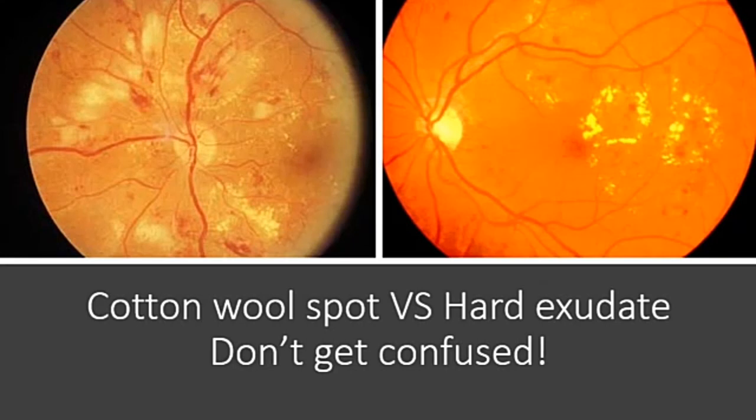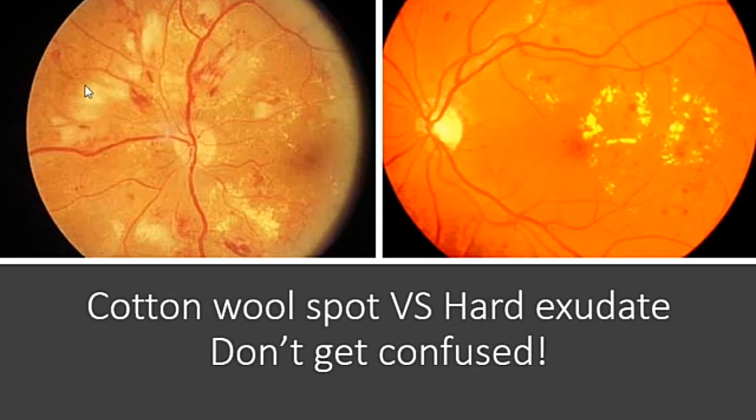Now, this is just a reminder not to confuse hard exudates with cotton wool spots. Hard exudates are made up of lipids, and they're very yellow in colour and often found close to the macula. They have distinct margins, and they result from blood vessel leakage.